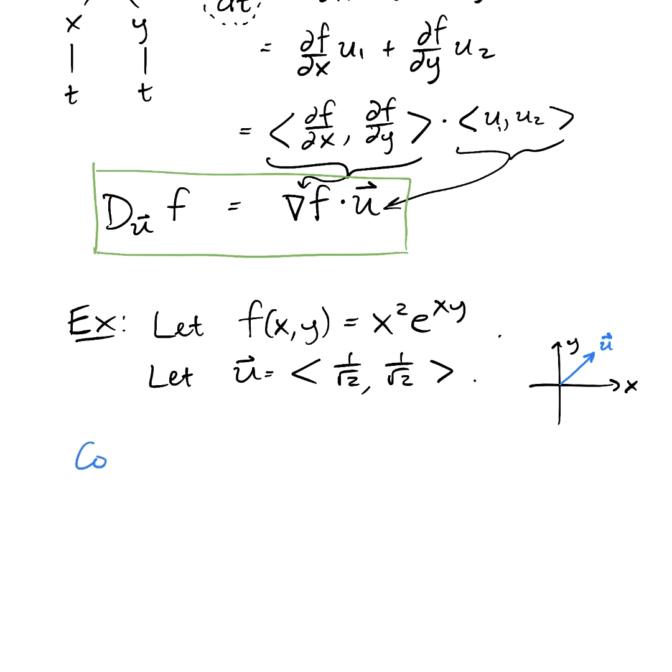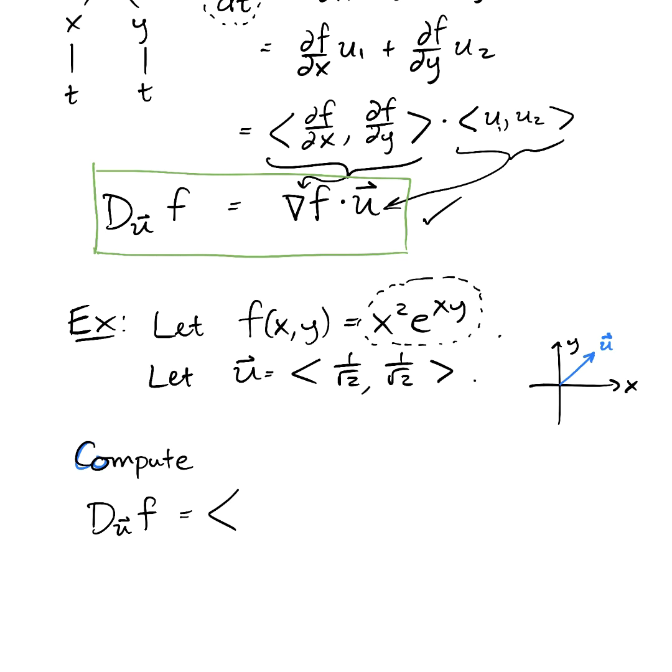If the question is to compute the directional derivative for our function in the direction of that blue vector u, then according to the green box right here, all we have to do is write down the gradient. The gradient is just a vector that has as its coordinates the partials. So here's your formula. You guys are really good at partials at this point.